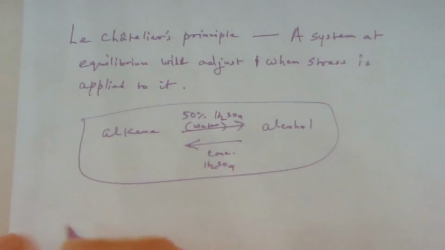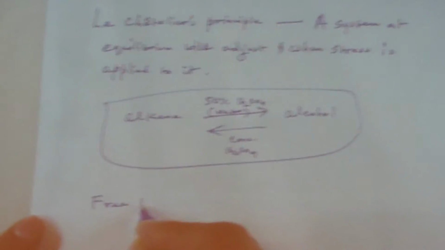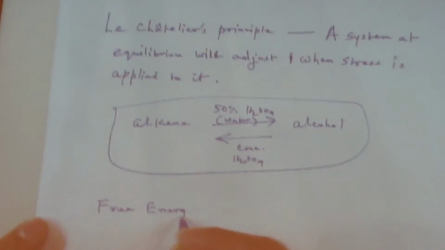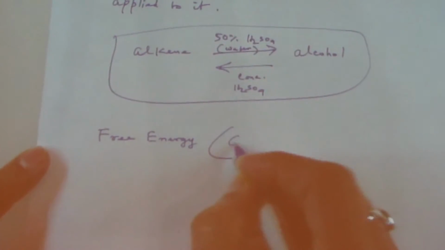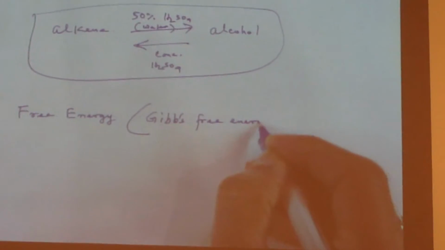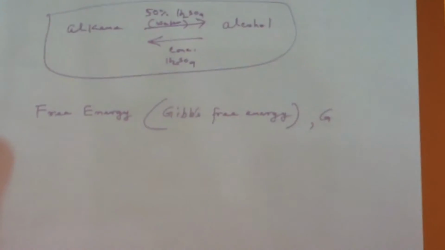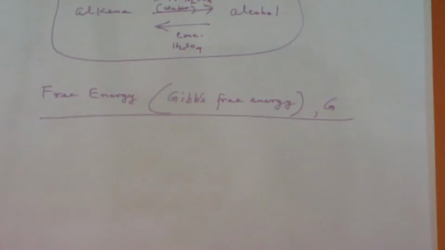And in order to do that, one particular term that I will introduce to you is the free energy of a reaction, also known as Gibbs free energy, which is given the symbol G. So, what does the G tell you?